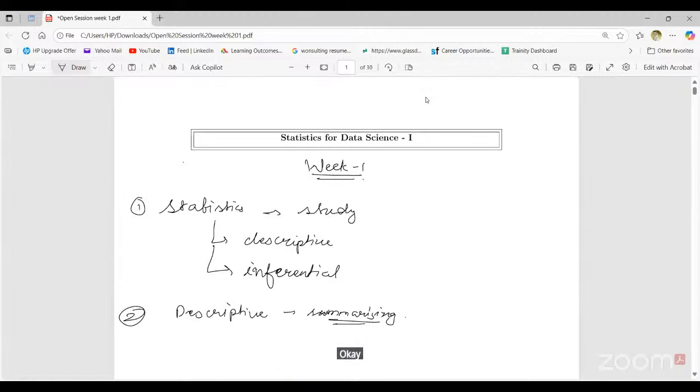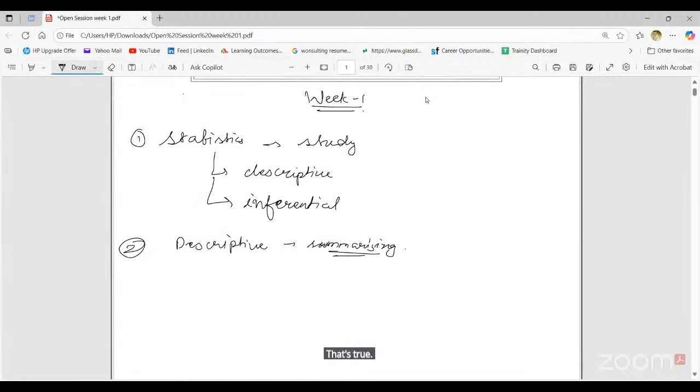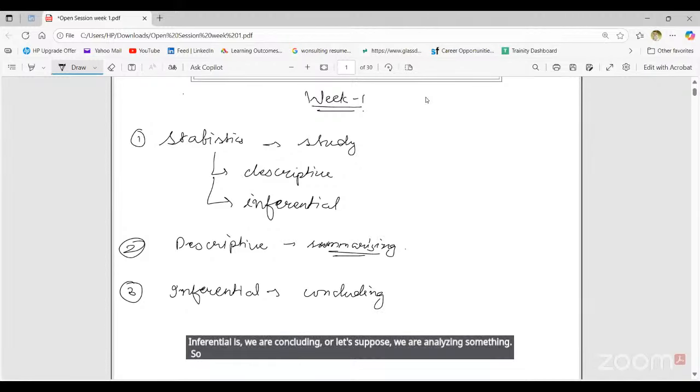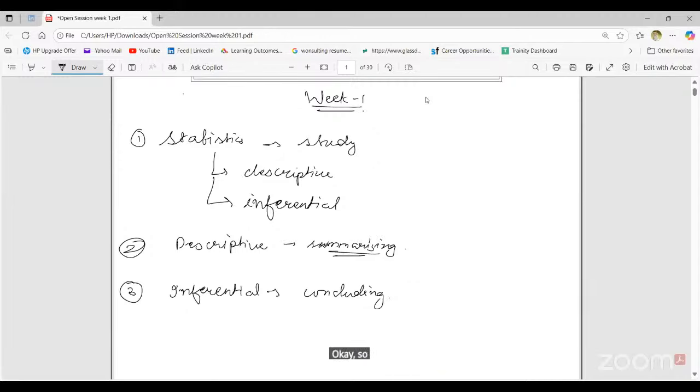Then the next thing is inferential statistics. In inferential statistics, we are concluding something. Let's suppose we are taking cricket data, and we are checking for the best batsman.